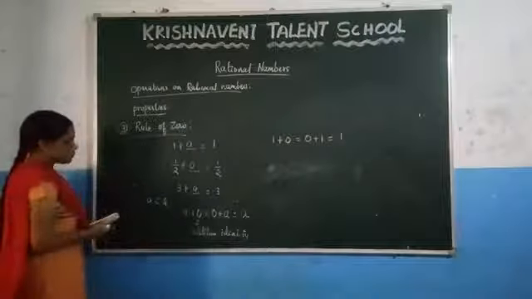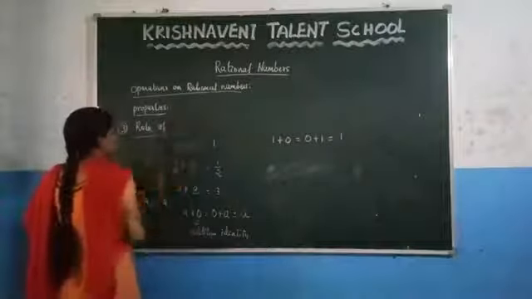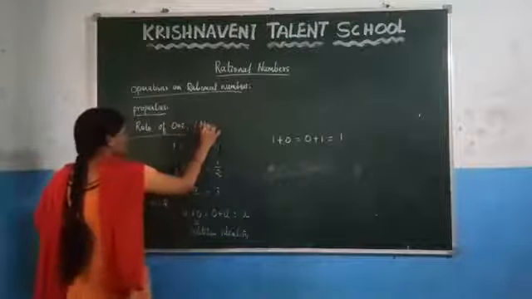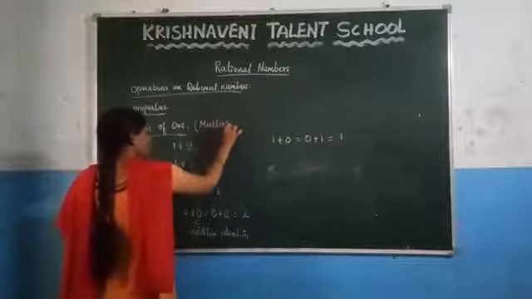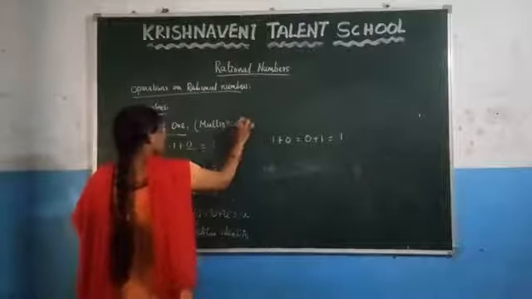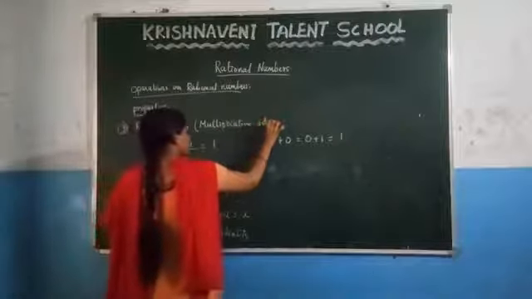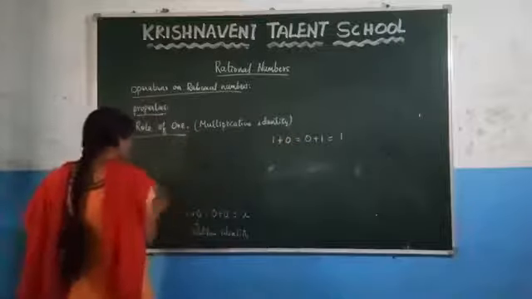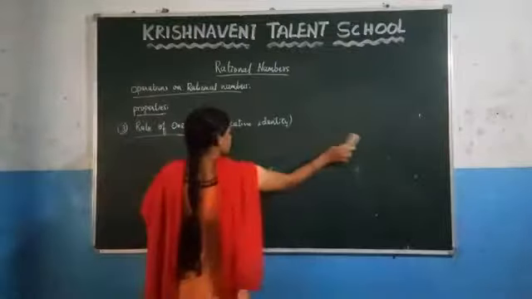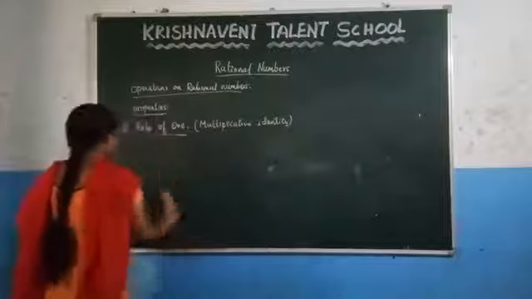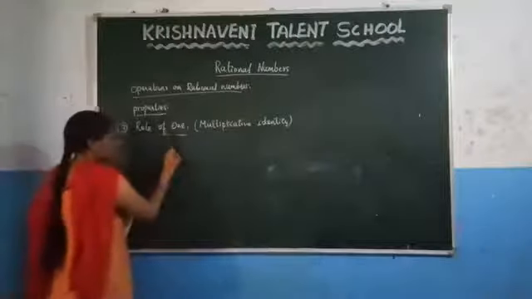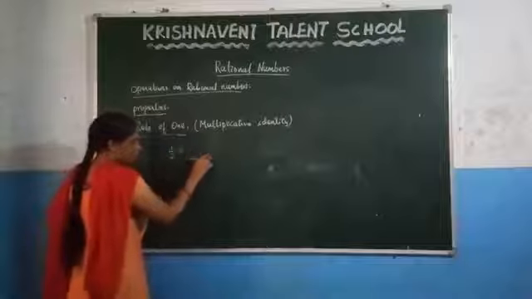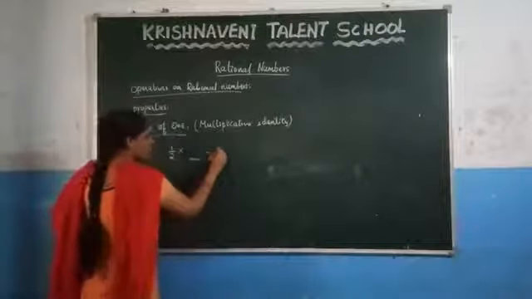And after that, the role of 1. This role of 1 we can call a multiplicative identity. What does this state? Let us see. Multiplicative identity means if you consider any rational number, you multiply it by one number such that you get the result as the same number.